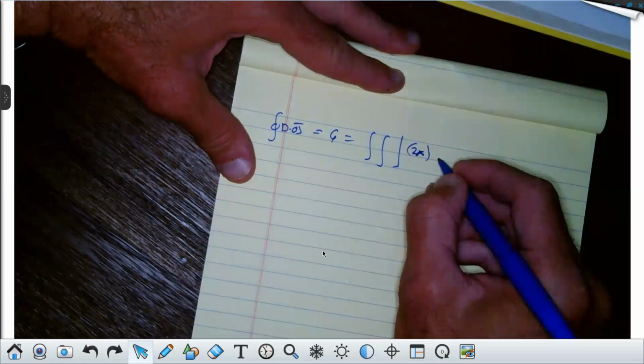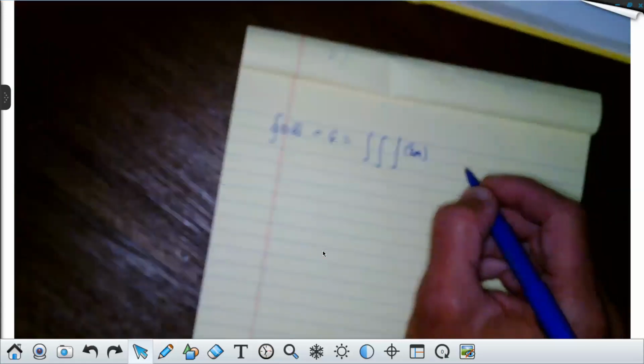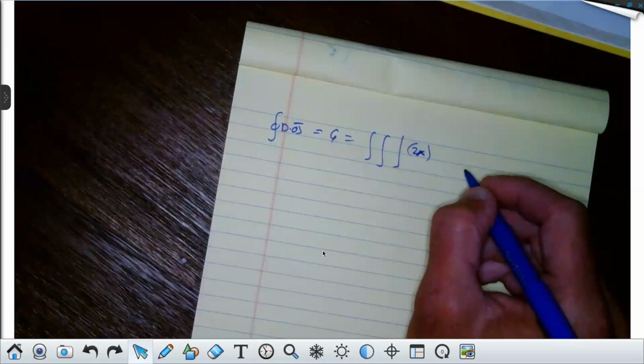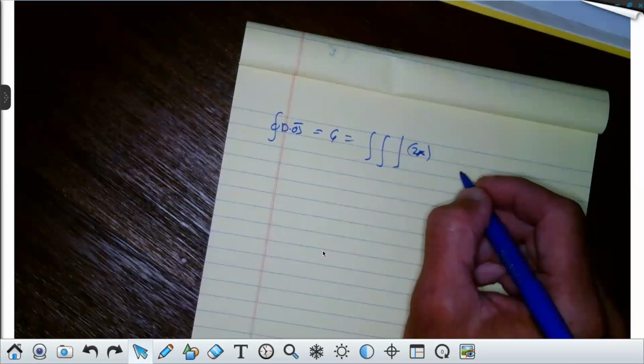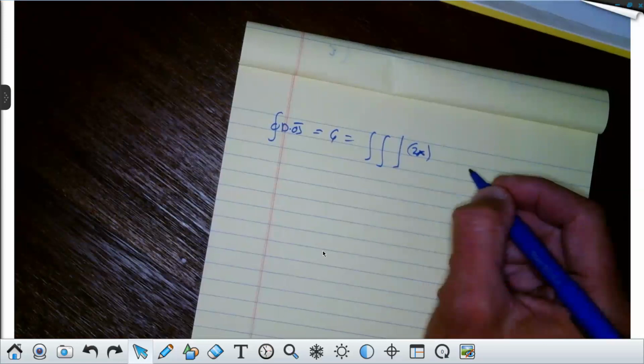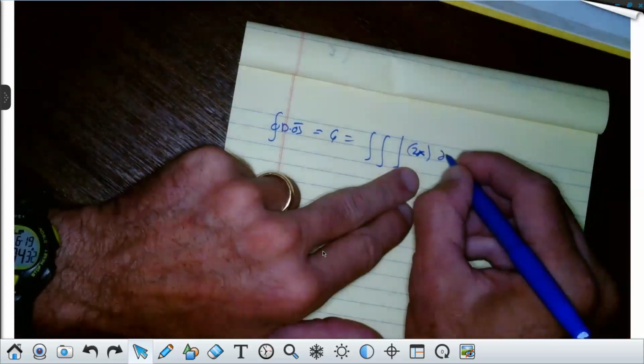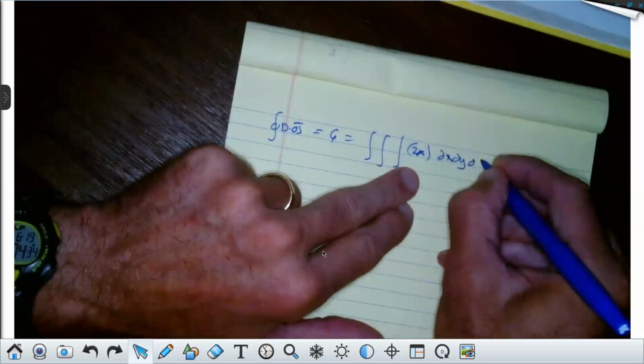And then it's the differential unit of volume in Cartesian coordinates. Ben, what is the differential unit of volume in Cartesian? Is it X, Y, Z? dx, dy, dz. Yeah.